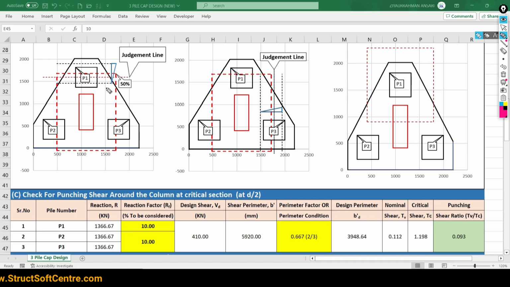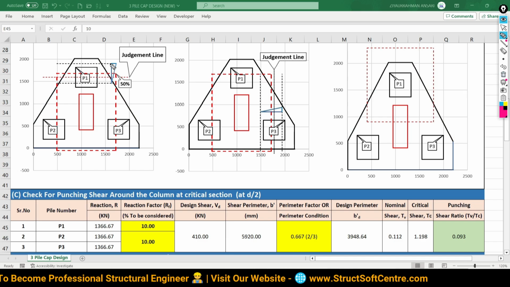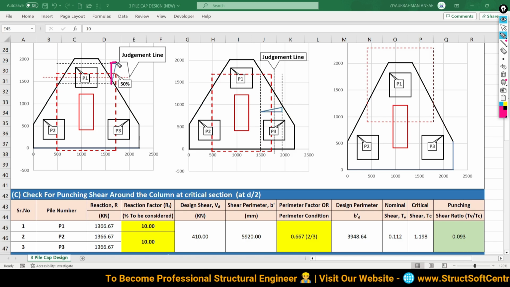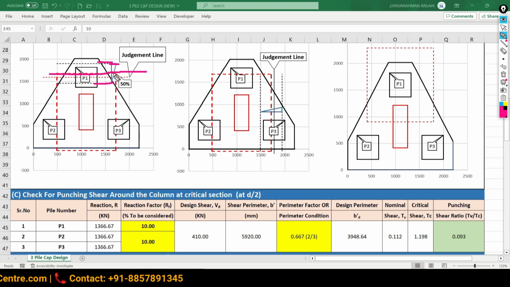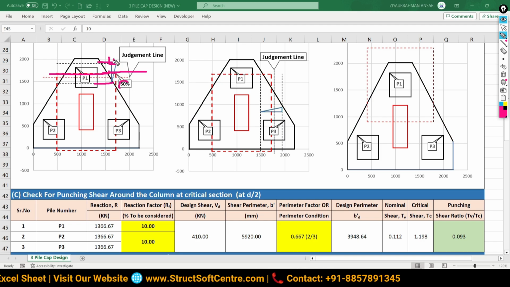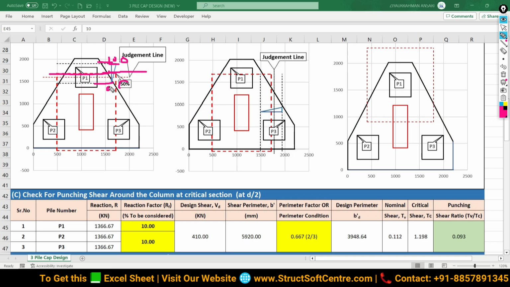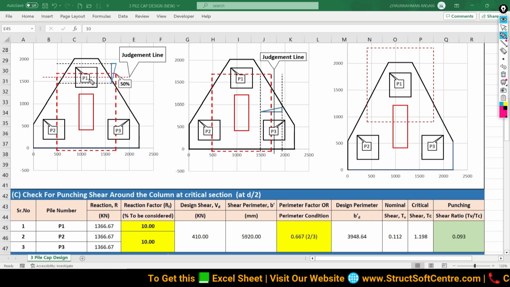Along this P1, see this is pile 1. For pile 1, you have to follow this triangle to find out the percentage to be considered. This is the line of punching, and this is another line. This is the 0 line, this is the 100 line, and in between, the line of punching is 50%.